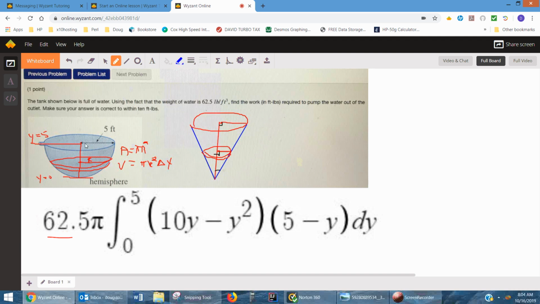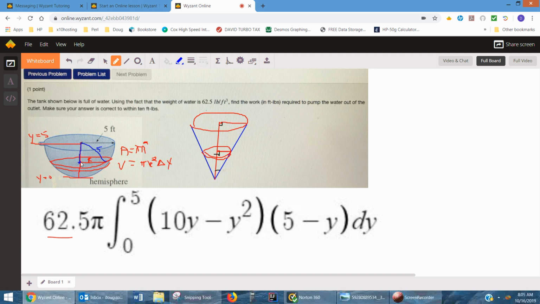And here's the thinking. If I draw this radius of the hemisphere to right here, that will also be 5, because from the center of the hemisphere to any point on its surface is always 5. And this distance right here, well, we're calling the coordinate of that point y, because we're going from 0 towards 5.